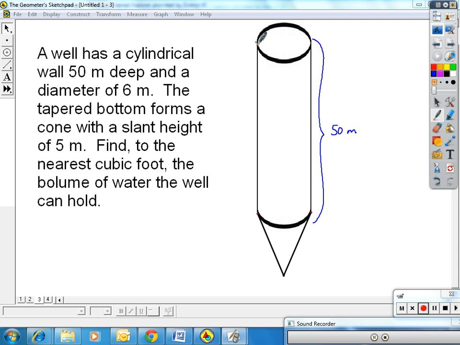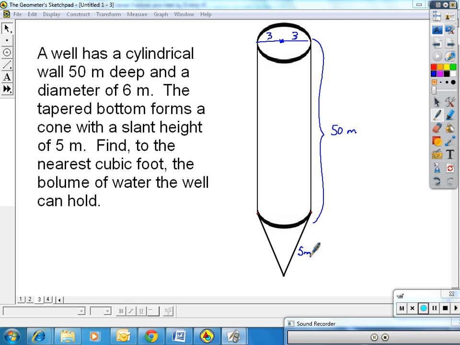So the diameter here is 6 meters. Let's break that into 3 and 3 meters. The tapered bottom forms a cone with a slant height of 5 meters. So this slant height here is 5 meters.